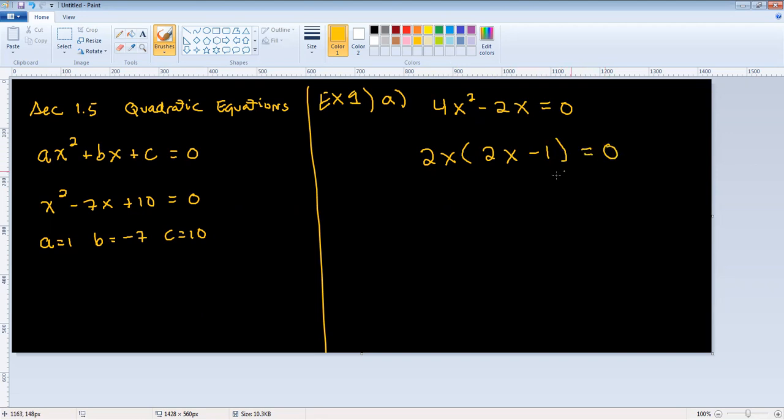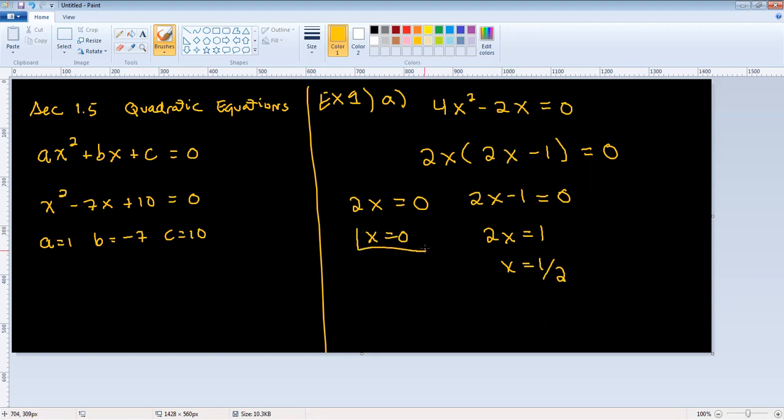Then we can have this right here. So 2x is equal to 0, and then 2x minus 1 is equal to 0. So here you're going to get x equals 0, and then x equals 1/2. And that's what we're going to get for that.